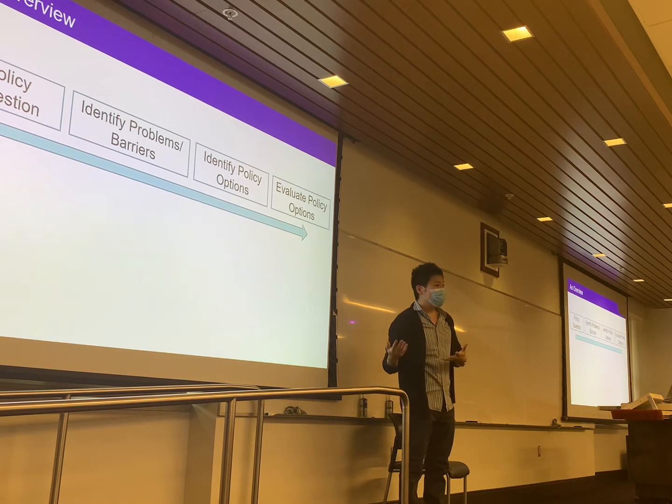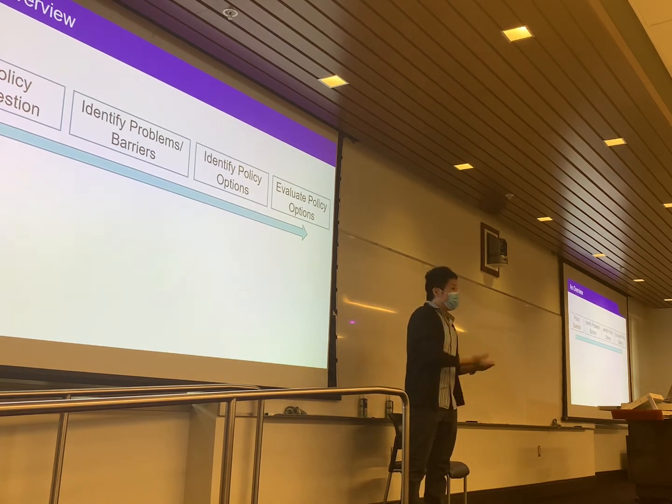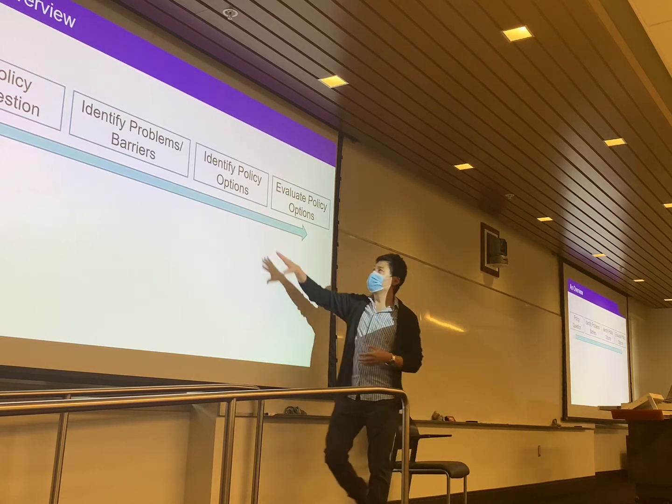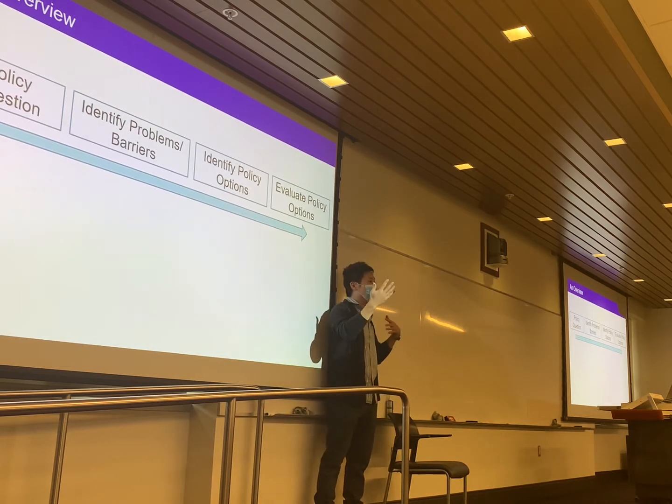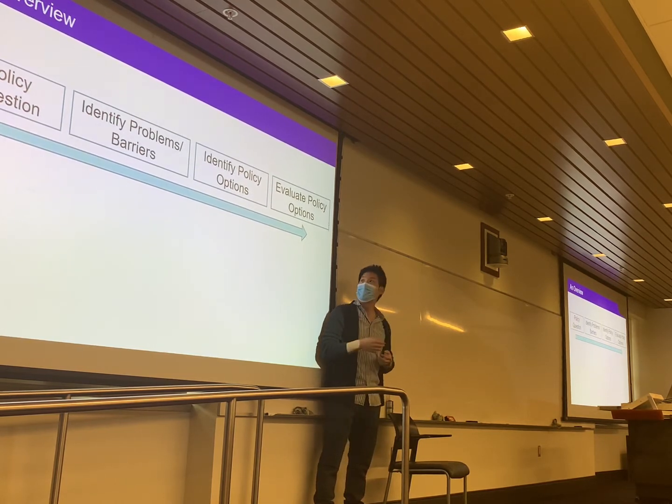How effective it is, how costly it is, is it feasible, and so on and so forth. You're going to evaluate these policies, but then you have to have some way of comparing across policies along these many dimensions of criteria. So you're going to have that type of methodology as well, okay?